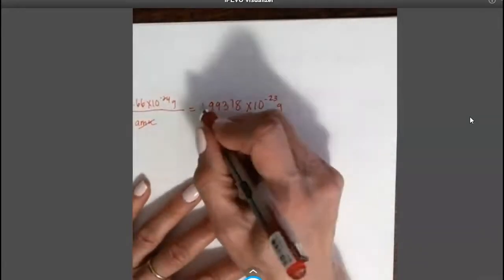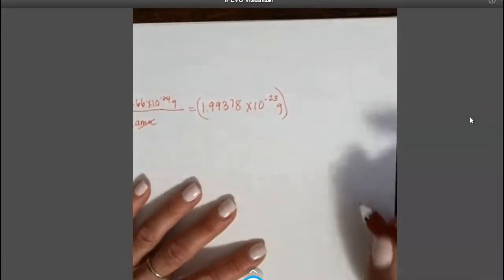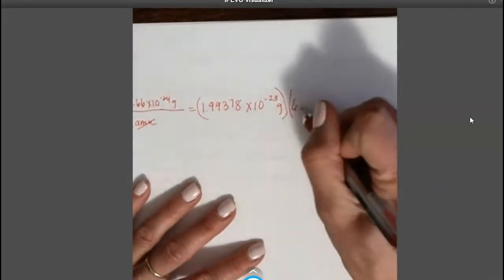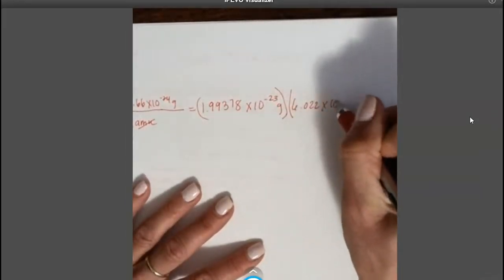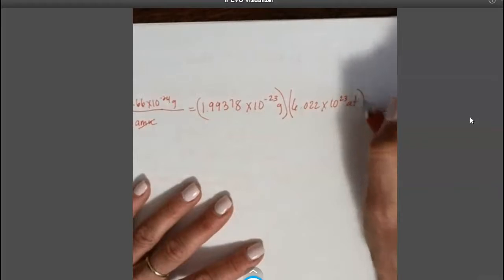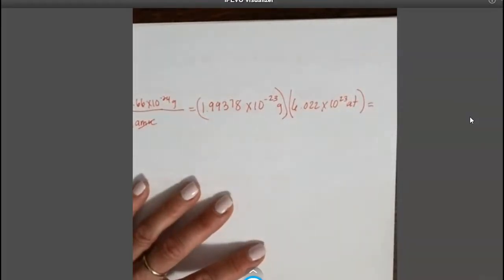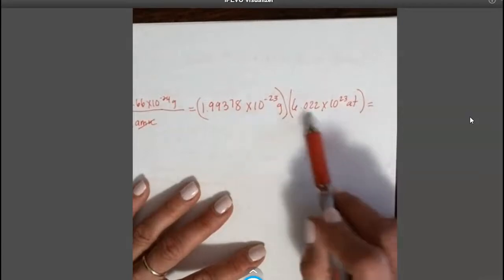If I take this mass of a single carbon atom and multiply it by 6.022 times 10 to the 23rd atoms, I'm going to figure out the mass of all of these atoms.